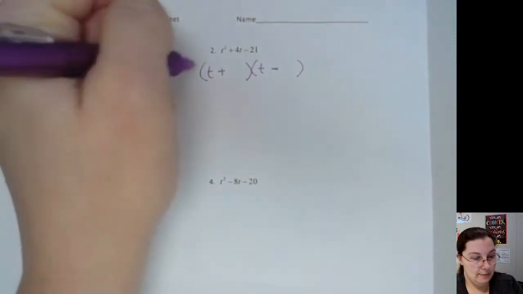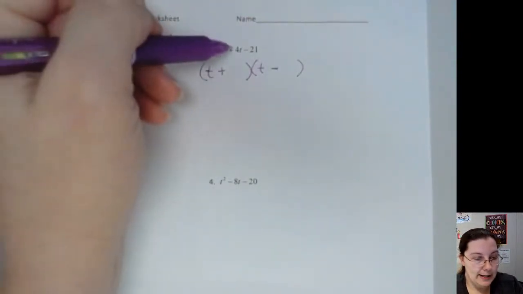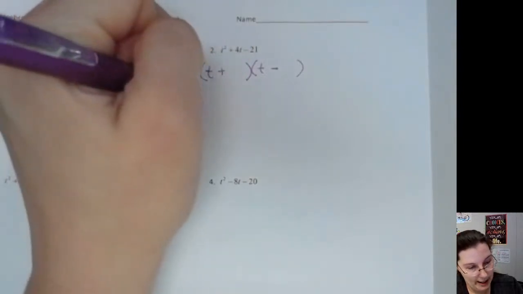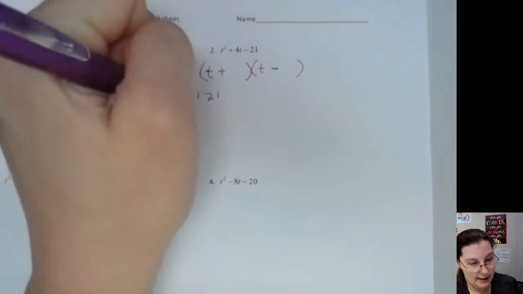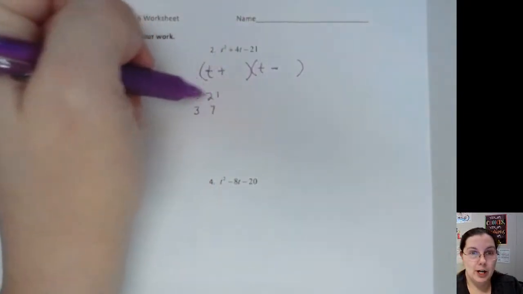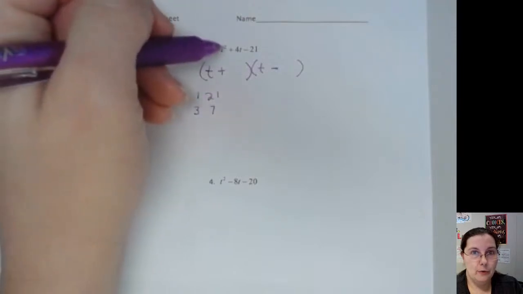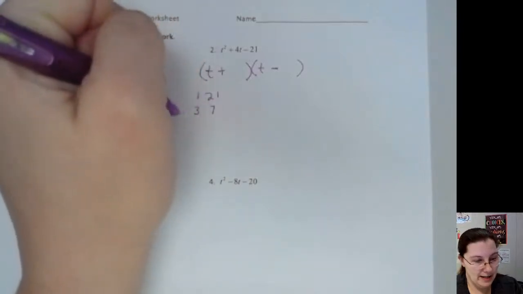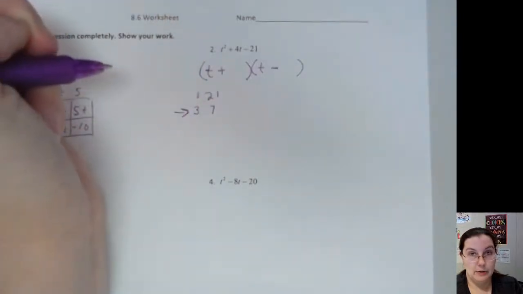Now I need to look at the factors. For 21, I have 1 and 21, and 3 and 7. Which combination could get me 4? Well, 7 minus 3 gives me 4, so these are the two that I need to use.